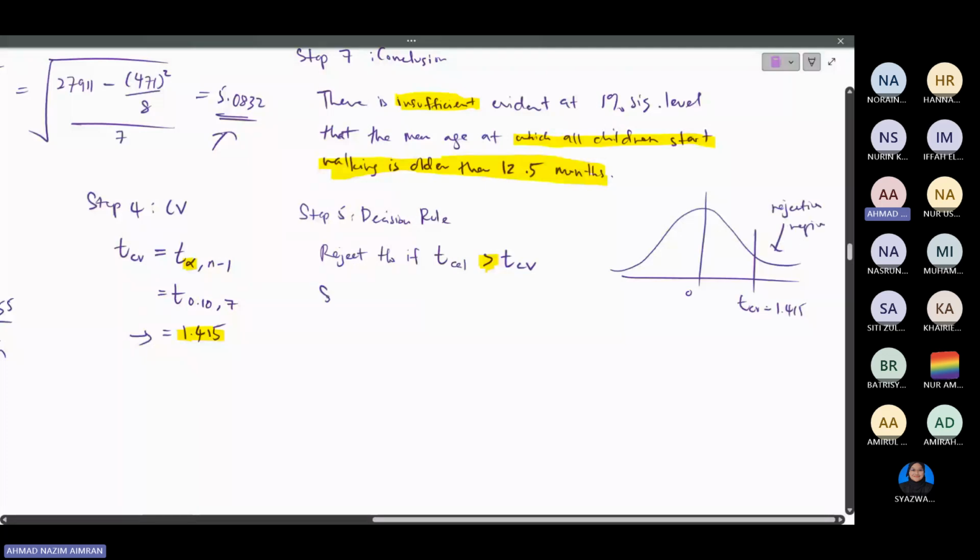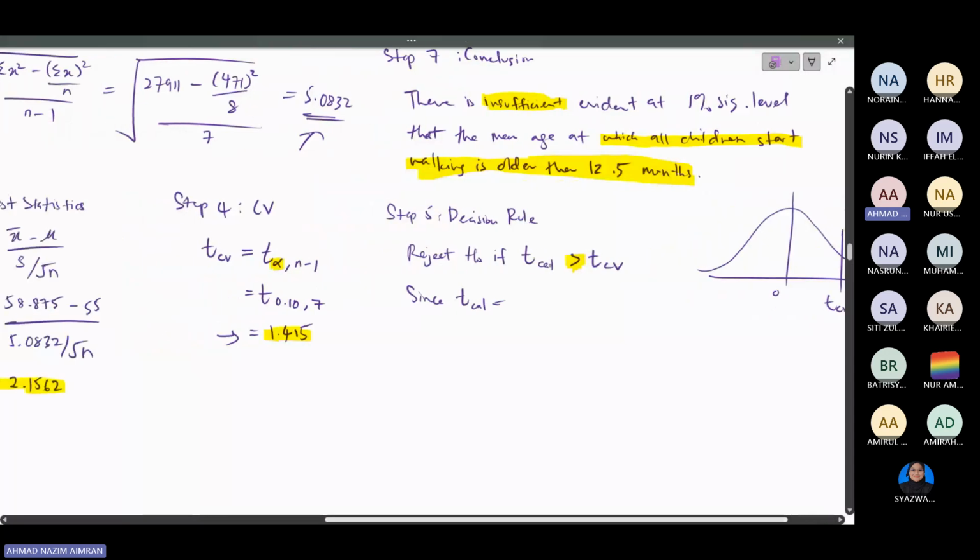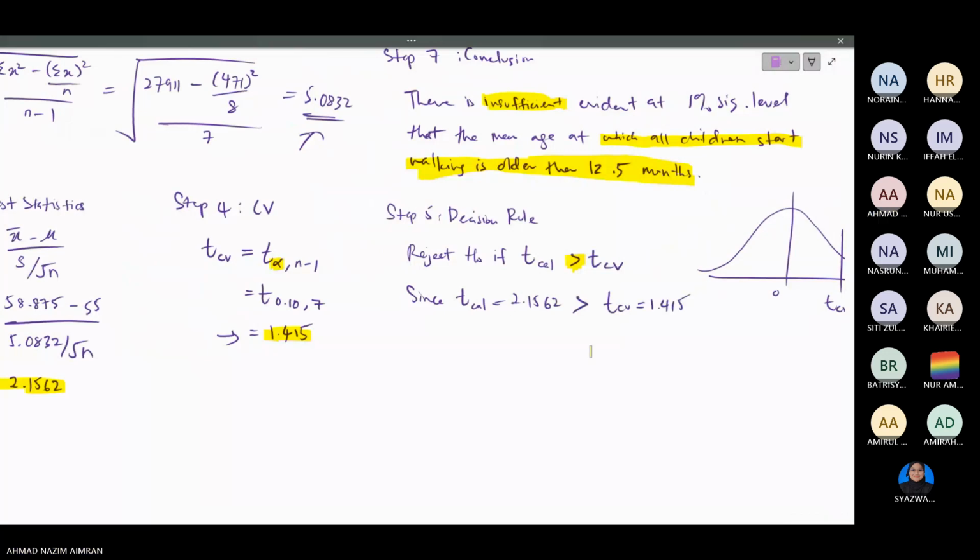So since t calculated is equal to 2.1562 and the t critical value is equal to 1.415, t calculated is greater than.